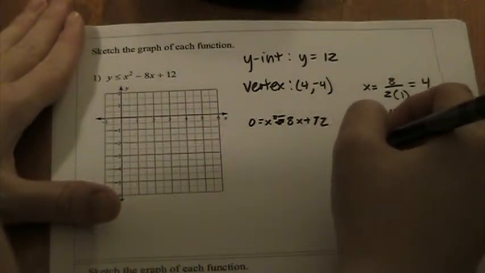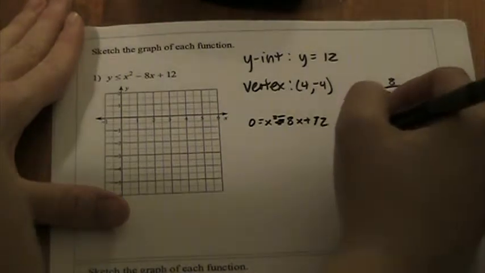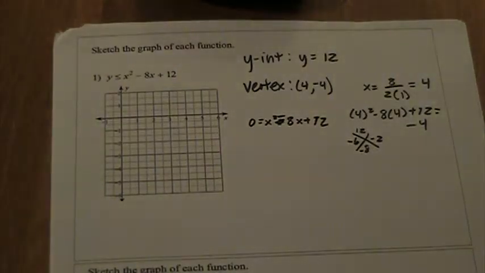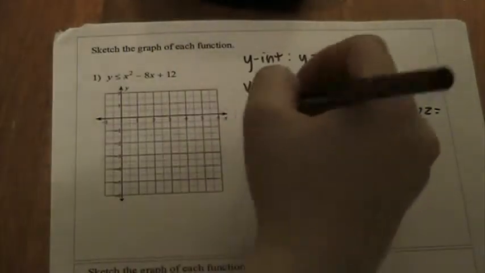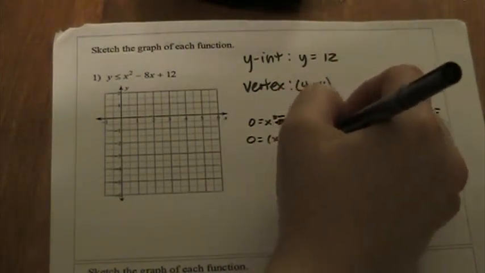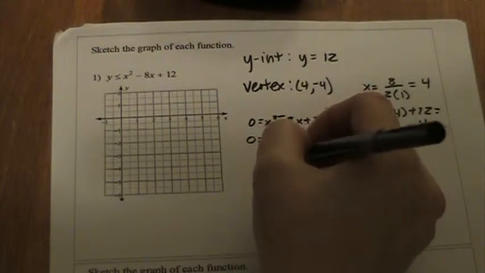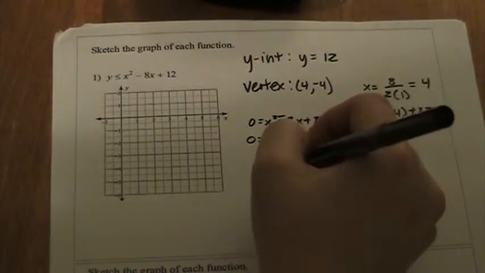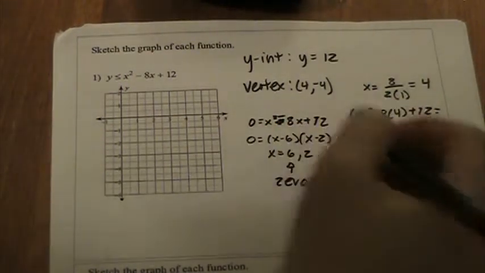So 2, that works. Oh wait, it's negative 8. So negative 6 and negative 2 would be my solutions for the x puzzle. And so 0 would equal x minus 6 times x minus 2. The solutions would be x equals 6 and 2, which would also be my zeros.